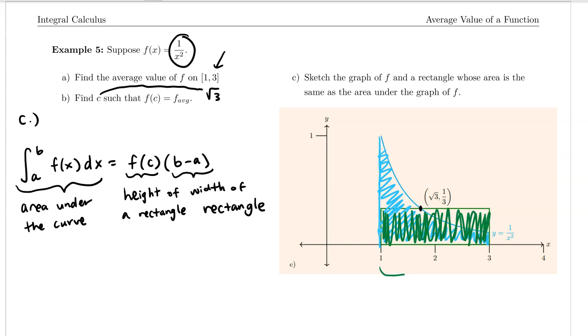And the width of this rectangle we said was b minus a, which in this case is 3 minus 1, which is equal to 2. And then the height of my rectangle is equal to f of the square root of 3, which is 1/3 in this example. So that's brought to you by the mean value theorem for integrals.